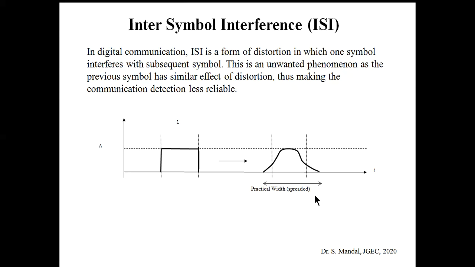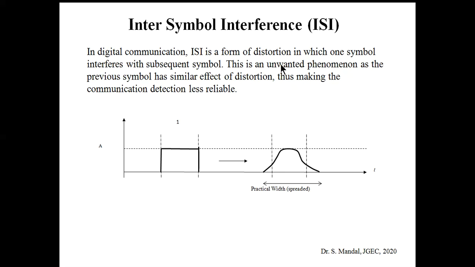Here you can see that if we use on-off signaling, where one is represented by a rectangular pulse like this, due to several reasons this rectangular pulse has been spread, and the width of the rectangular pulse spreads beyond its time period. This is the practical width, whereas this one is the actual width of the rectangular pulse.